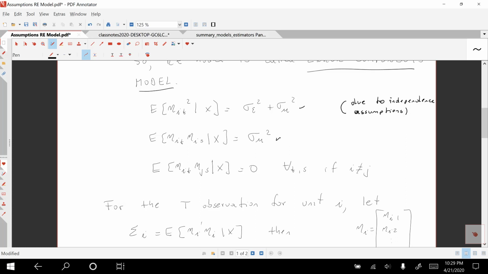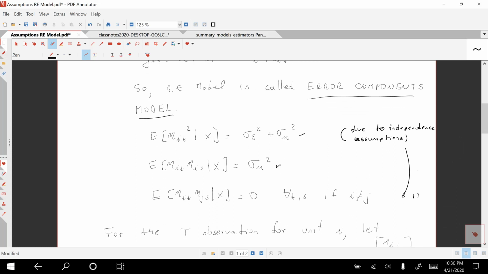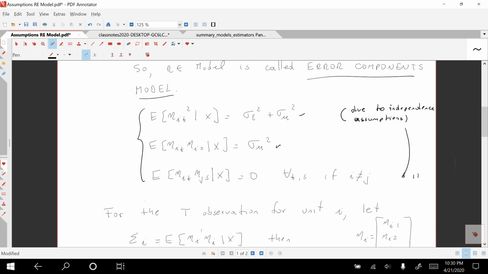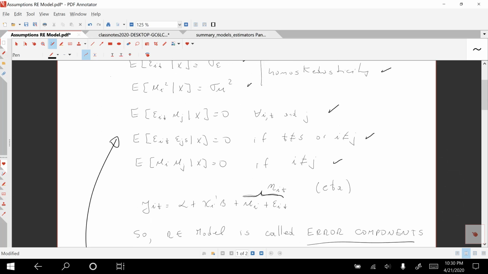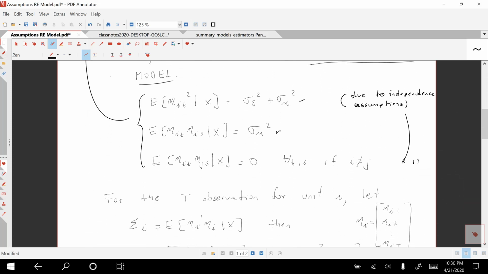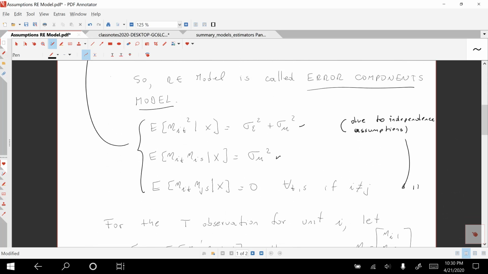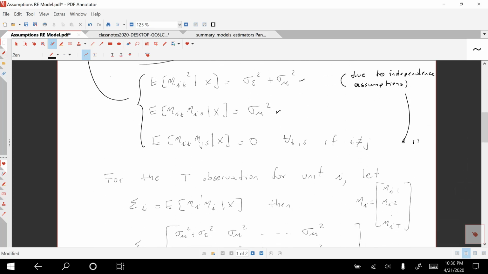This is also due to those independence assumptions. And if you want, you are welcome to try to prove these results, which are a direct application of the assumptions that we had talked about previously. So those are the structure of these error terms.